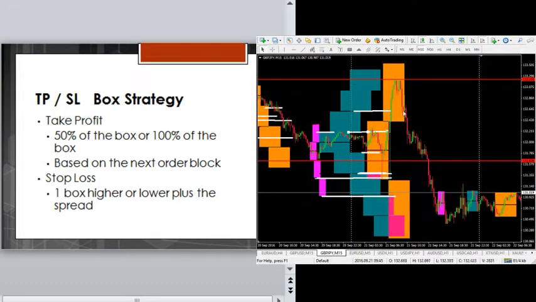Now at this point, since it went down, we could consider a sell on breakout or a sell on retracement. See here, it retraced just beside this order block. By the way, again, I'm going to discuss the order block later. And then the price broke again from the pre-Asian and pre-London box.